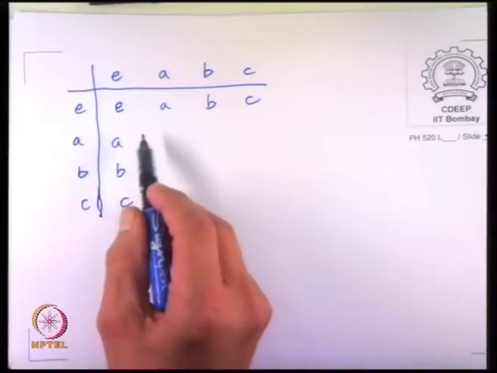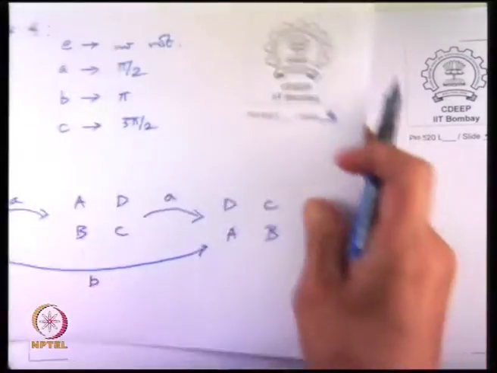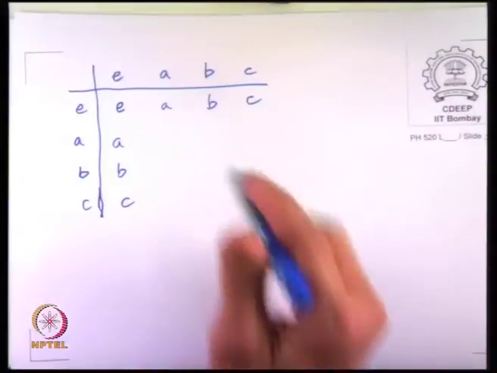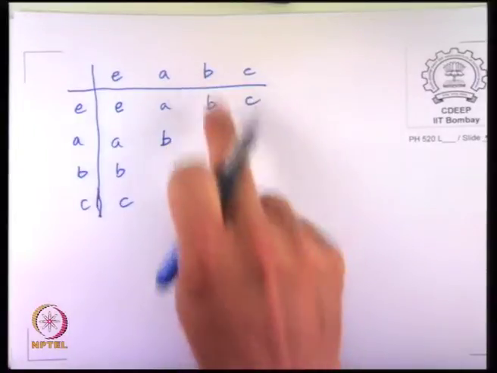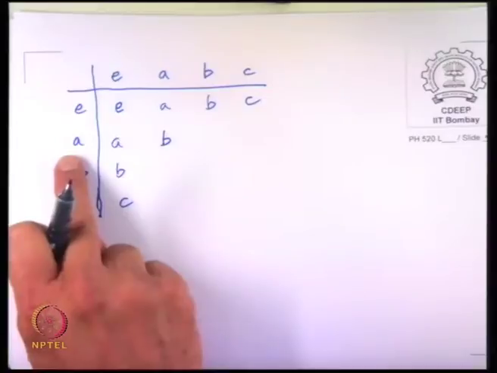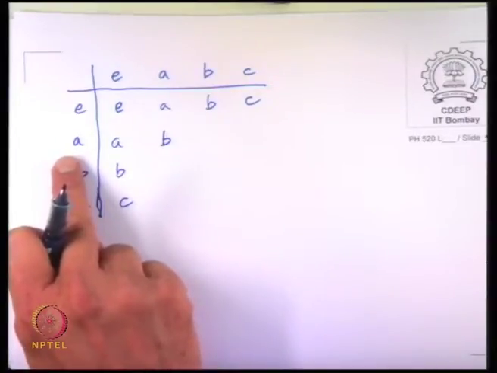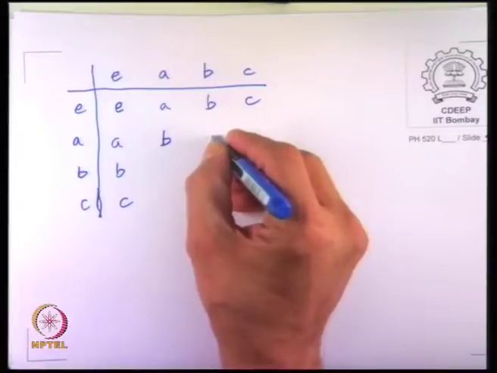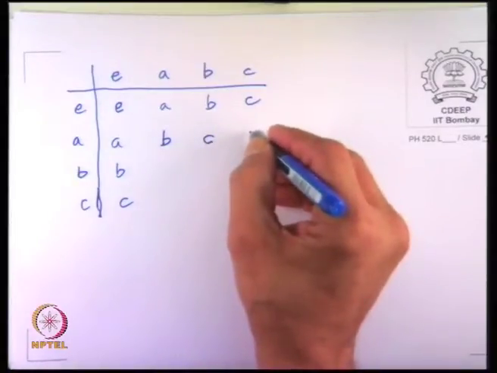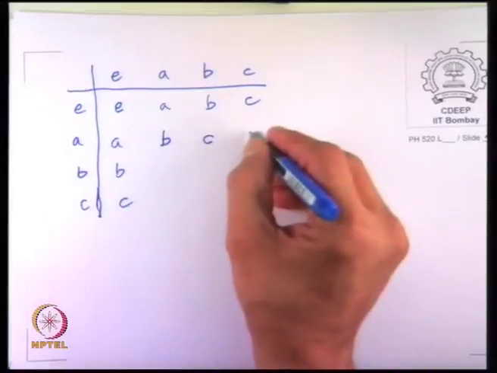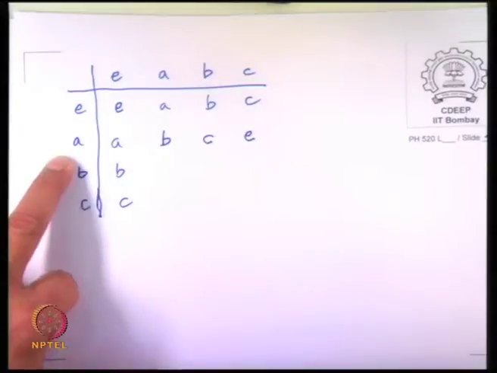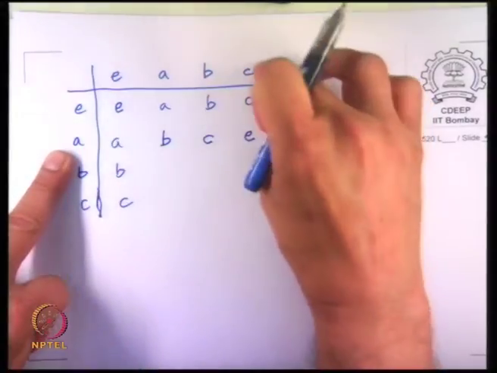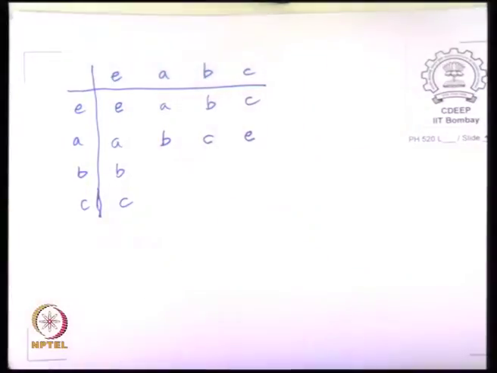Now A squared, as we just checked here, is basically B, so we get B. If we already have B, which is a pi rotation, and then do an additional pi by 2 rotation, we will get a 3 pi by 2 rotation. So this is C, and then the only thing left is E. So obviously a pi by 2 rotation, a 90 degree rotation, combined with a 270 degree rotation gives you back identity. So that is how this row goes.